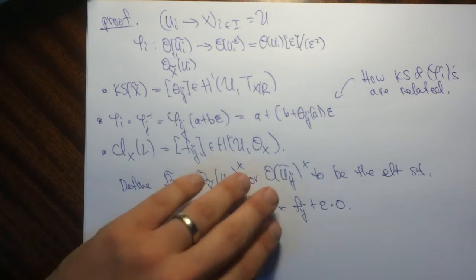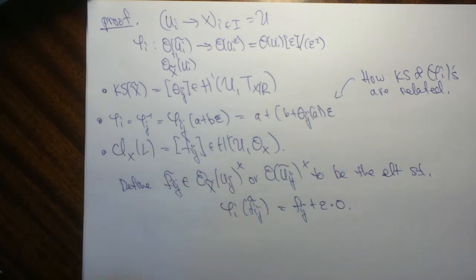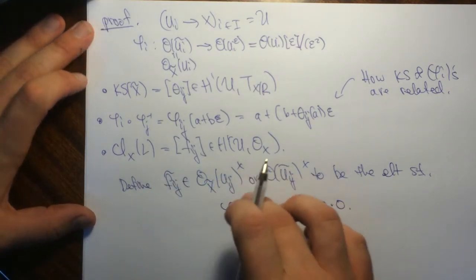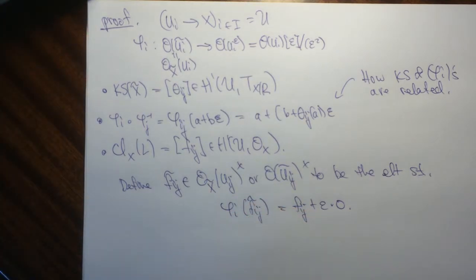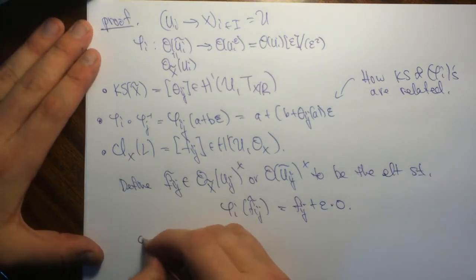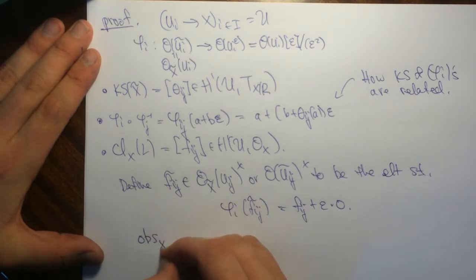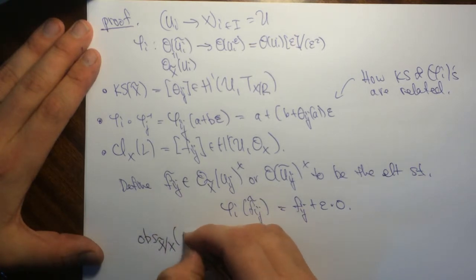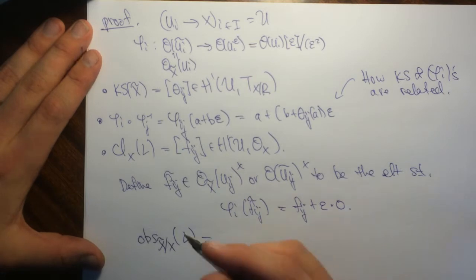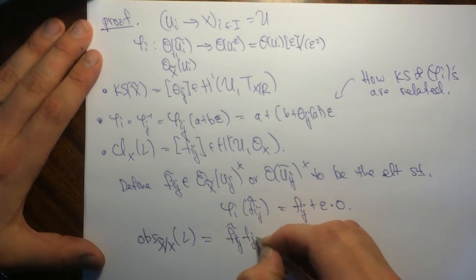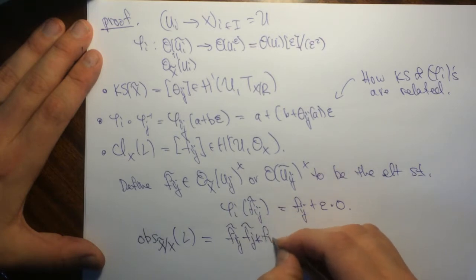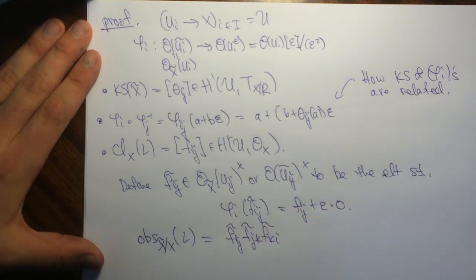Using that, recall that whenever we had any special lift here, we could define the obstruction to deforming the line bundle. As we recall, the obstruction to deforming the line bundle was defined to be F_ij tilde, F_jk tilde, F_ki tilde.